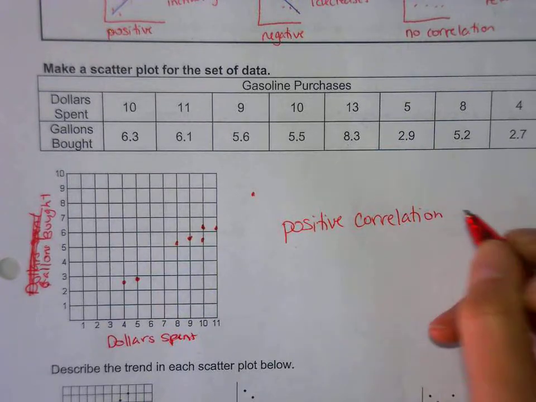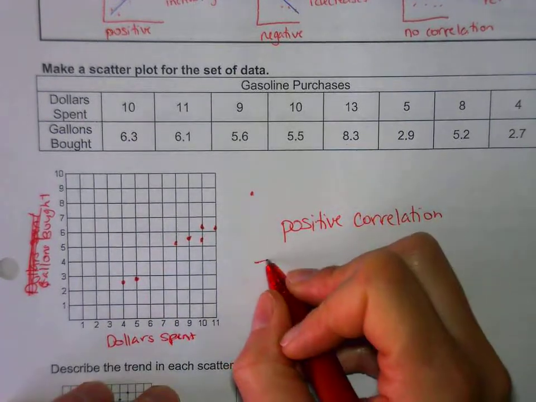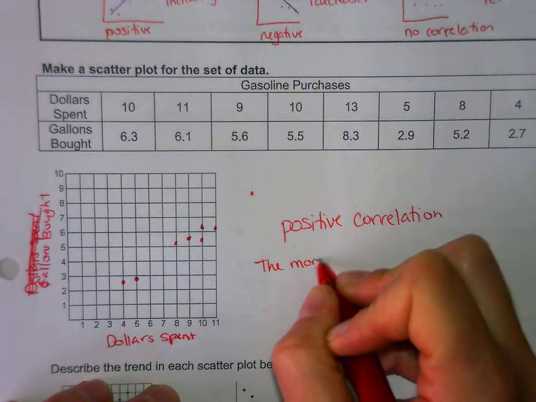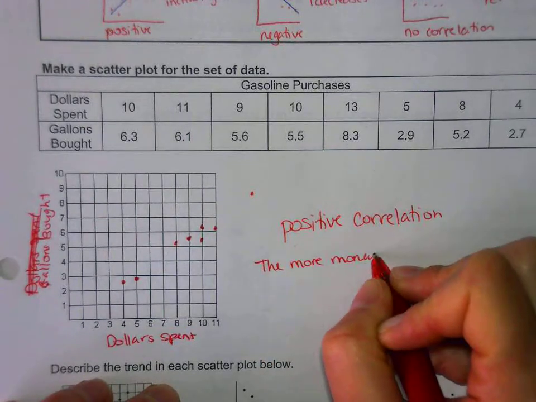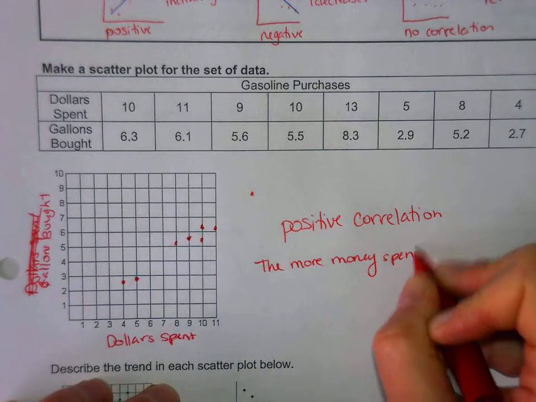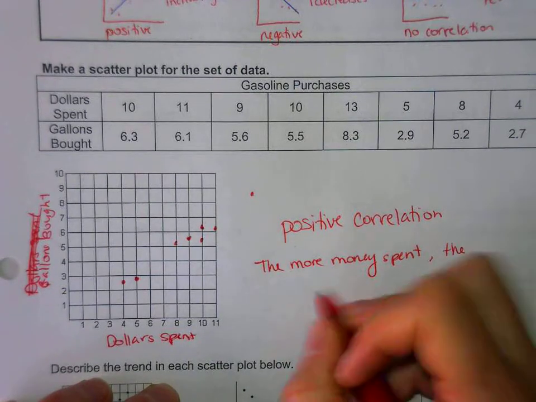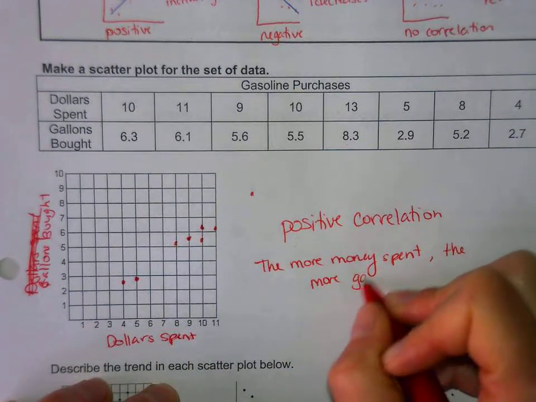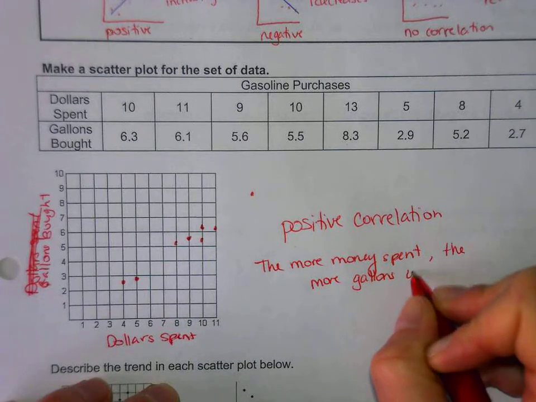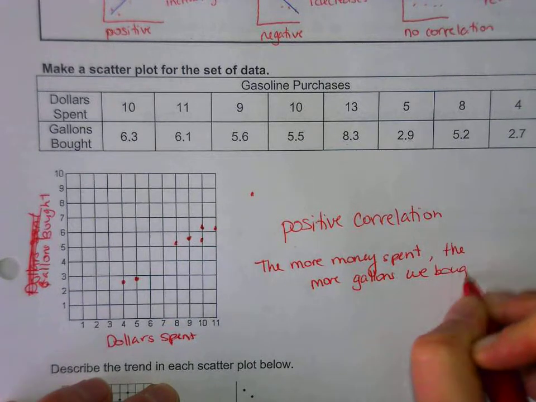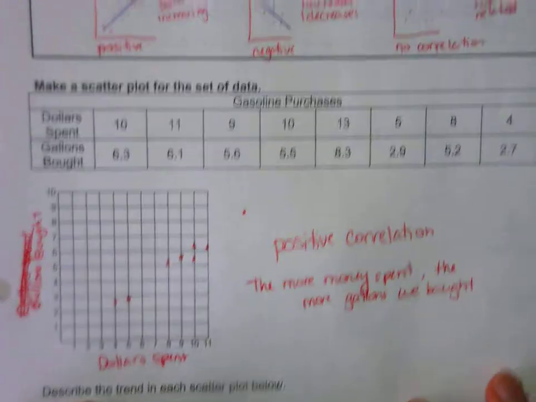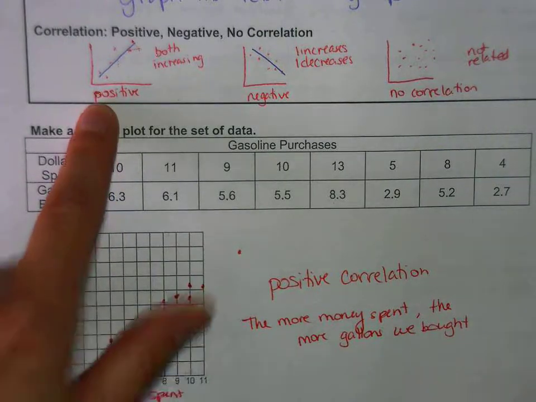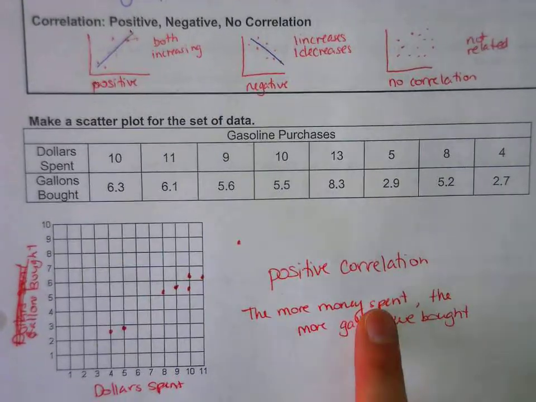And if we look at this, we could say that the more money we spent, the more gallons we bought. So which goes with our positive correlation that both are increasing. When I increase my money, I increase my gallons.